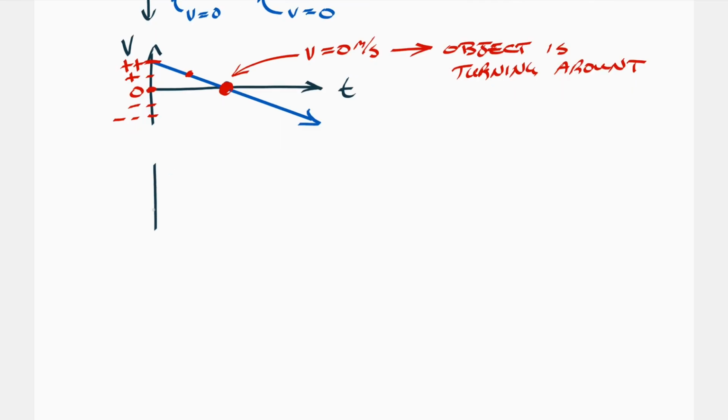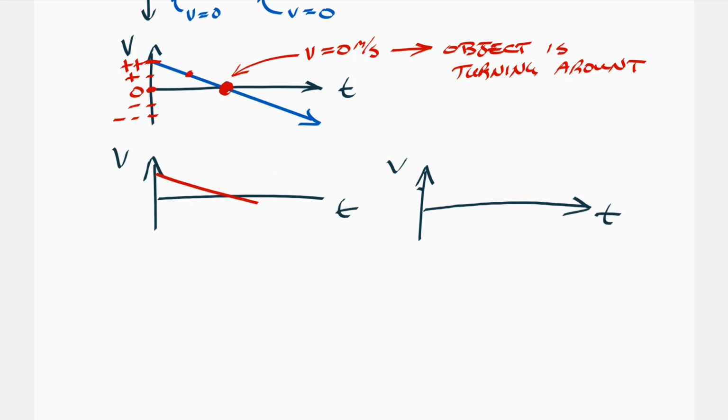Now let's talk about two more types, and we're just going to do them right next to each other. So V versus T, V versus T. I'm going to do these kind of quick. One with a negative slope and one with a positive slope. For this one, acceleration is less than 0, because the slope is negative.